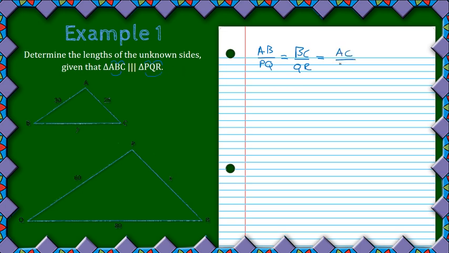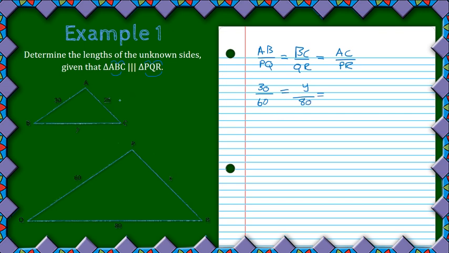Now that we've established our proportionalities, we can substitute in our known values. We know AB is 30, PQ is 60, BC is Y, and QR is 80.